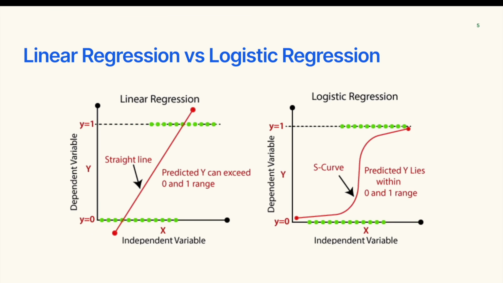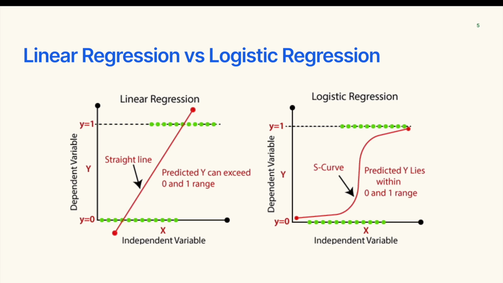In this slide, I've included these two graphs so you can visually see the difference between linear regression and logistic regression. On the left, with linear regression, the model tries to fit a straight line through the data, but the problem is that predictions can go below 0 or above 1, which doesn't make sense for probabilities.